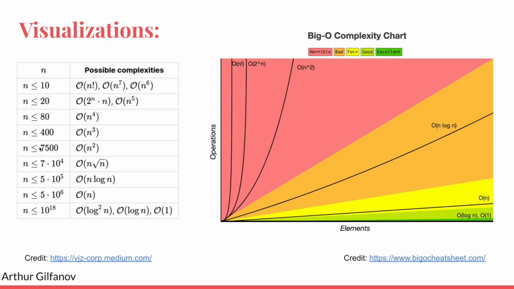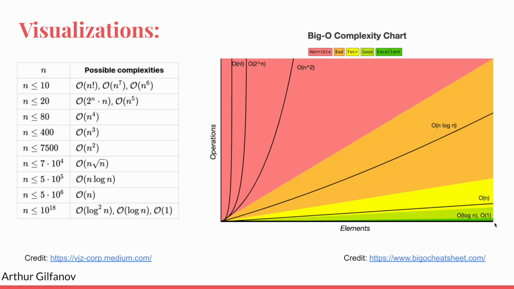On the right here is a chart of the big O notation time complexities and how they relate to each other graphically, since at the end of the day, they're all functions. The x-axis here is the amount of elements, or n, and the y-axis is the amount of operations which they do. As you can see, O of 1 here is the first one we talked about, constant time, and it always works in the same amount of time, no matter what.